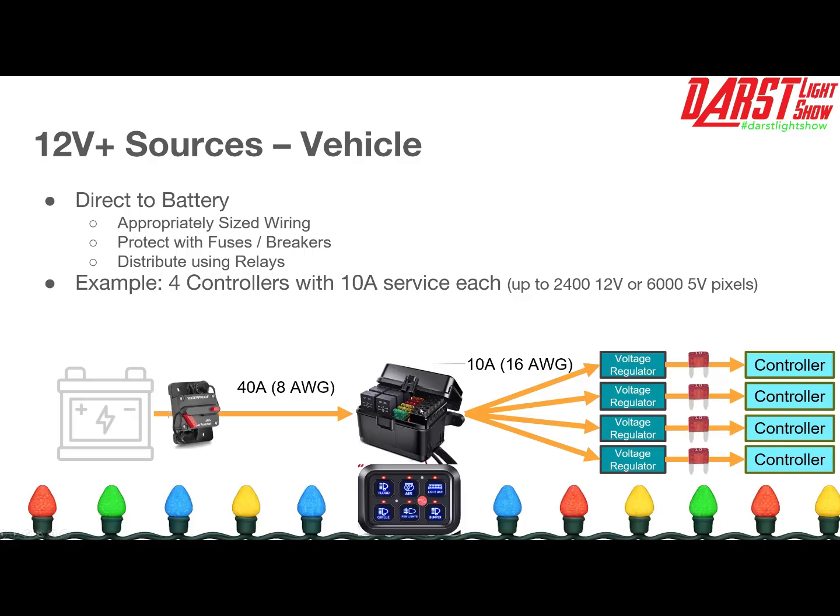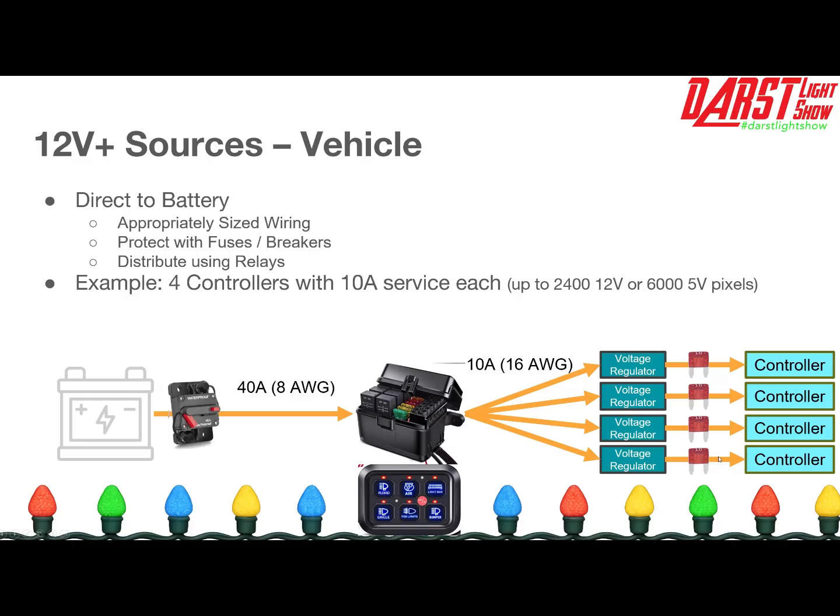So you've got relays, you've got fuses. These relays are going to allow you to turn on and off each output, and the fuses are going to protect those outputs. You do want to make sure they're sized appropriately because they come with some default sizing. You hook all that up, and you go out to each controller setup. In your controller box, you're probably going to have your controller, a fuse, and a voltage regulator, and that's what's going to plug into your distributed power.